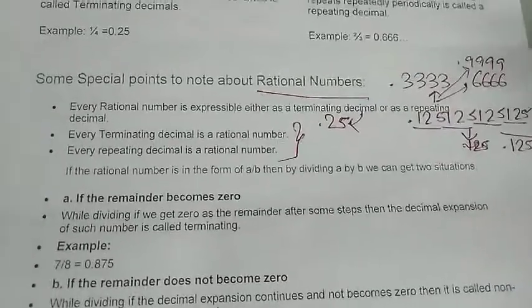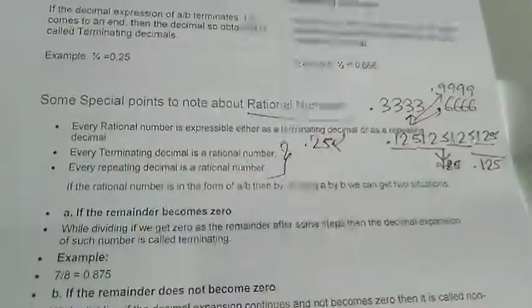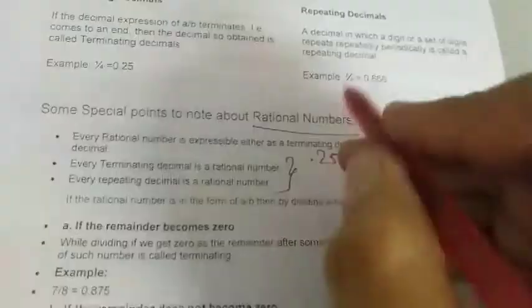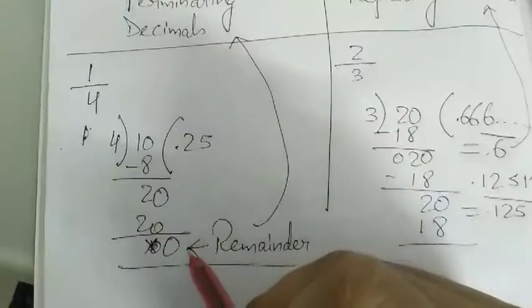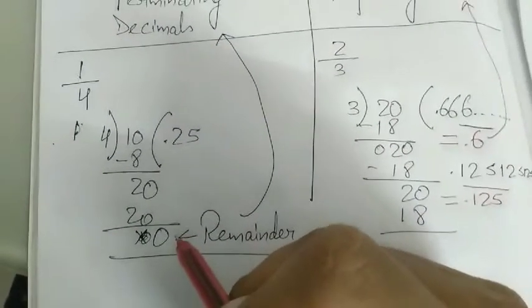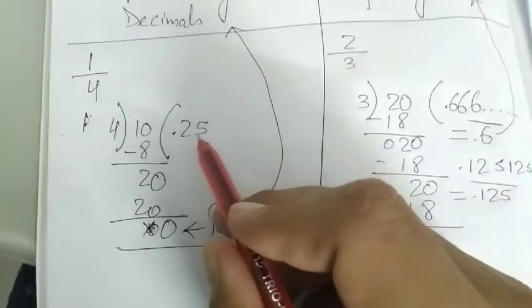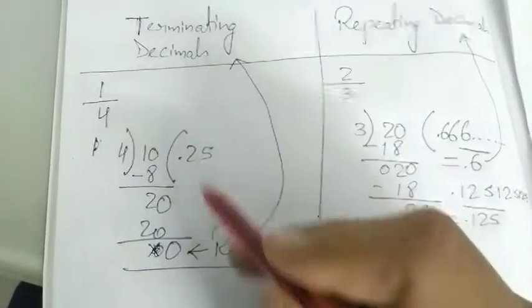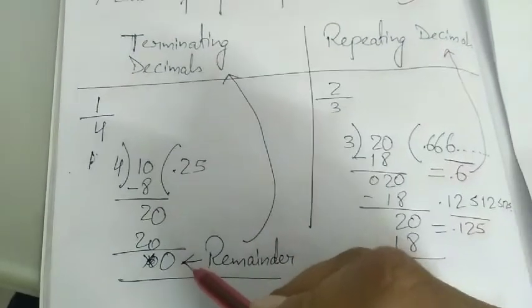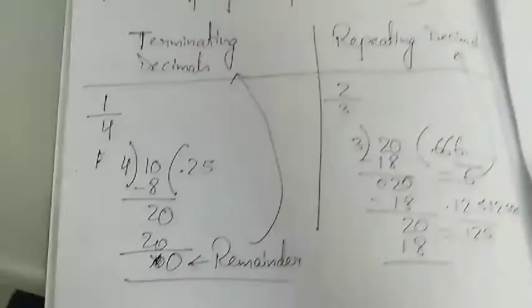Suppose I'm talking about a fraction where the remainder becomes 0, like for 0.25 that I have shown you here. For this, the remainder becomes 0, so this is a terminating decimal, isn't it? This is a terminating decimal where the remainder is 0, so that is a rational number.